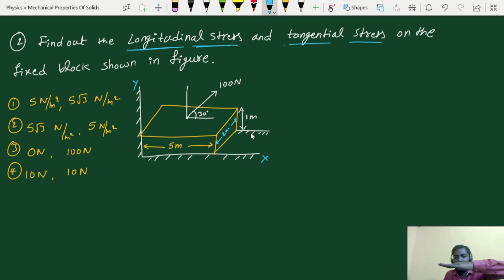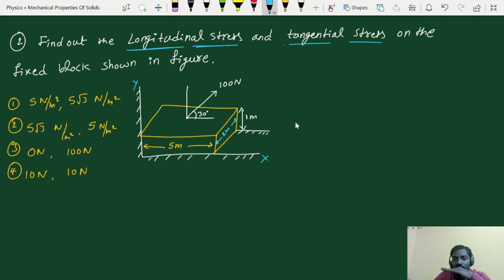Suppose this is the surface, this is the horizontal, and the force is acting in this manner. So here it is 30 degrees, and you already know that if the force is acting perpendicular to the surface, there is longitudinal stress. If force acts parallel to the surface, there is tangential stress, or you can say shearing stress.